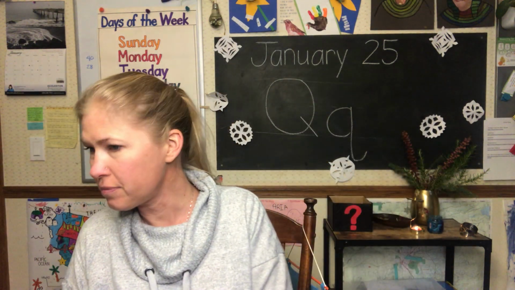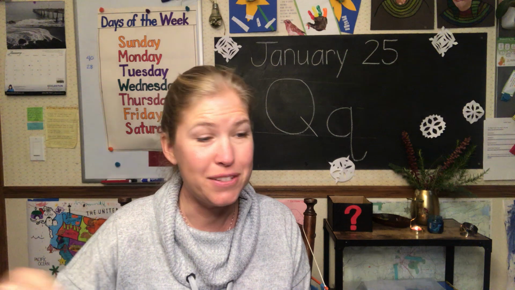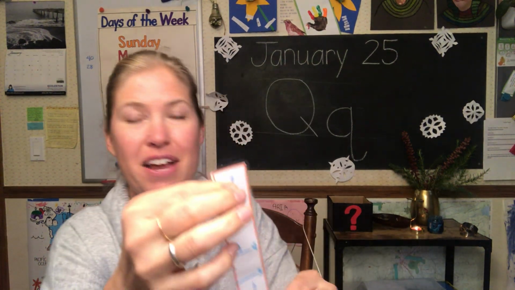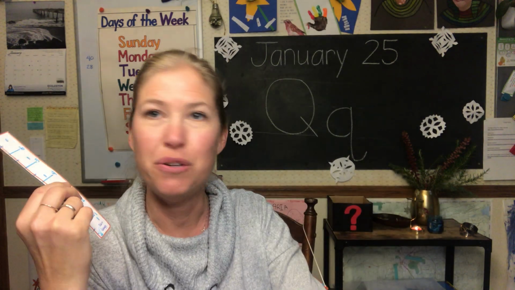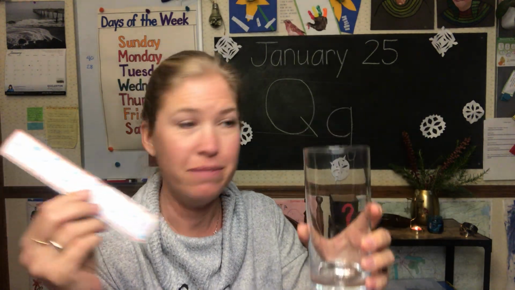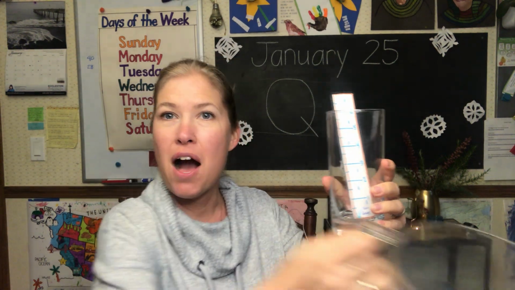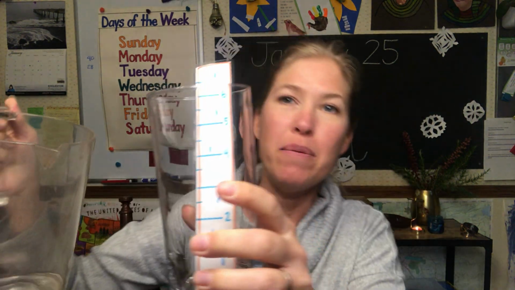So, in your distance learning bags, there is a rain gauge. What you're going to do is find something to put it in outside, and when the rain comes, you're going to be able to pay attention to it after the storm is over, and you can go outside and check on it.